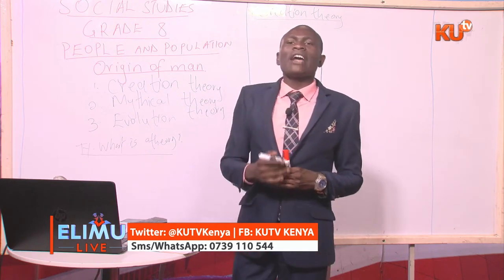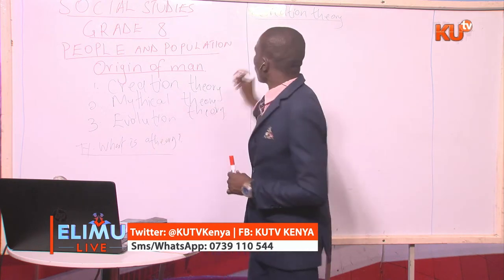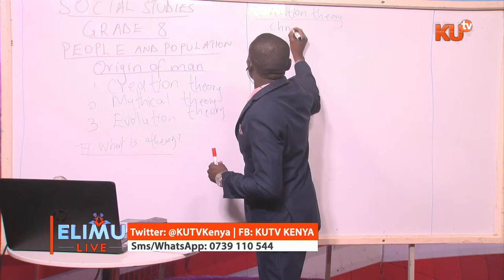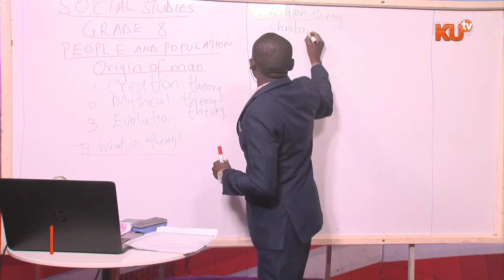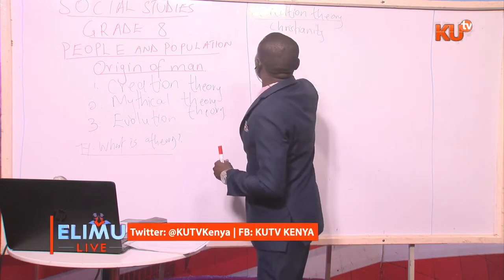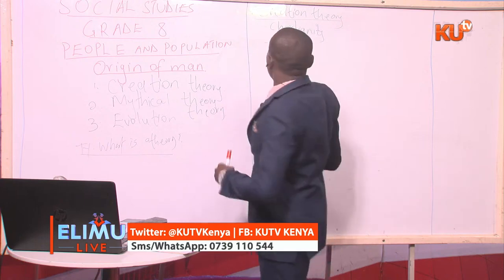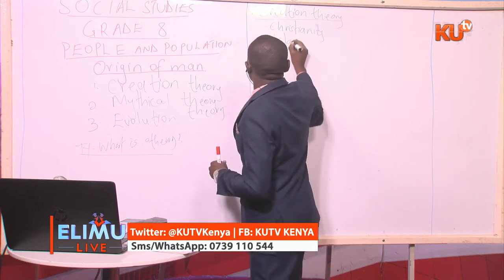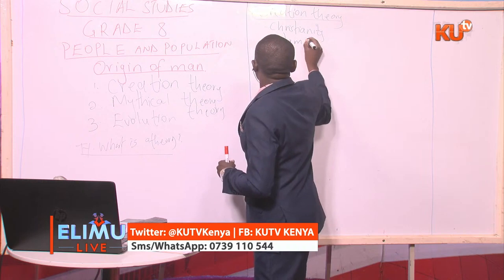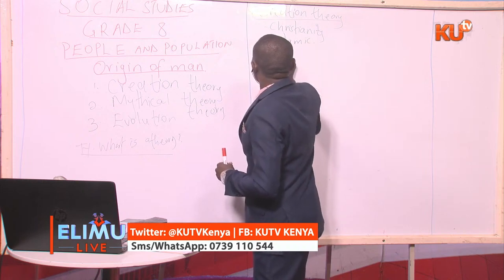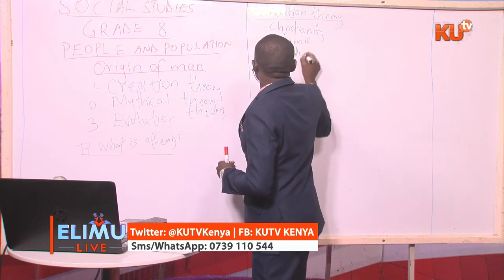Which religions do we have in our community? The first one is Christianity. The second, we have Islam, the Islamic religion, and we also have the Hindu religion.